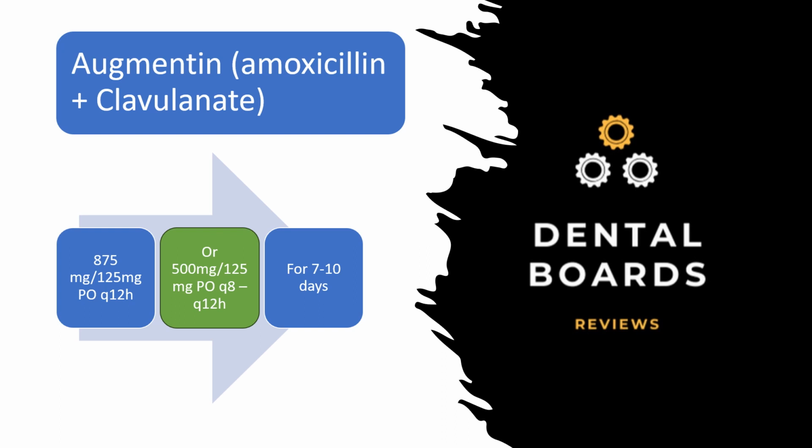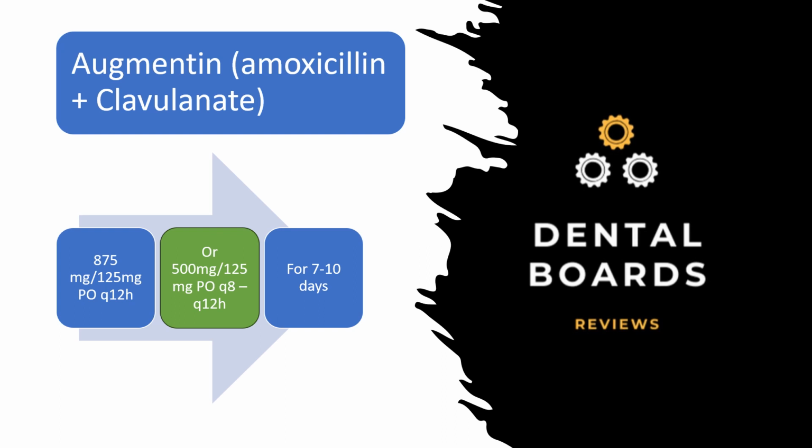Now, a patient comes in with an infection that has been blowing up, and they took some antibiotics. Most of the time they'll say they took some clindamycin and it didn't work. In that case, sometimes you may go with a stronger antibiotic.